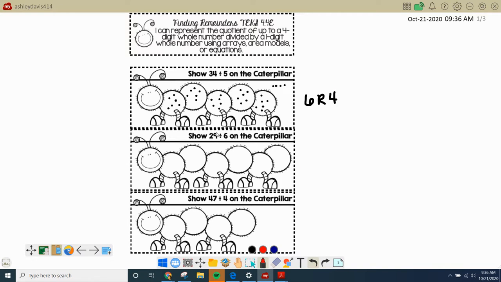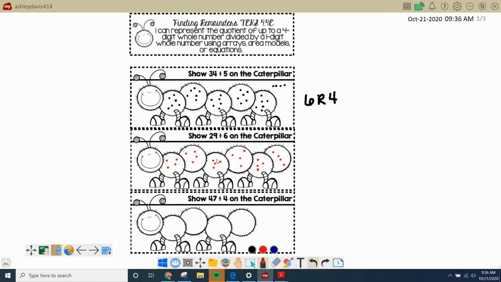29 divided by 6. So we're dividing 29 into 6 groups to see how many would divide evenly into these 6 groups. So I'm going to count to 29, putting 1 in each until I can't anymore. So 1, 2, 3, and so on up to 24.